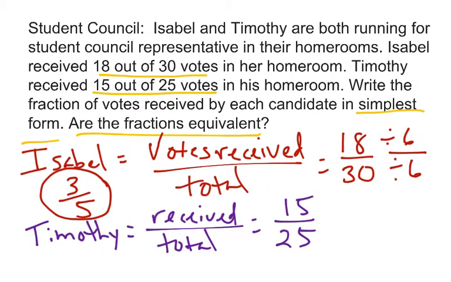Now both of these end in a 5, so I know they're both divisible by 5. And remember, whatever I do to the top, I have to do to the bottom in order to keep it the same ratio. For example, I can't divide the top by 3 and the bottom by 5. I'm going to change my value. So make sure you're checking in with yourself, making sure that you're dividing the same number or multiplying by the same number. So when I reduce that, I get 3/5.